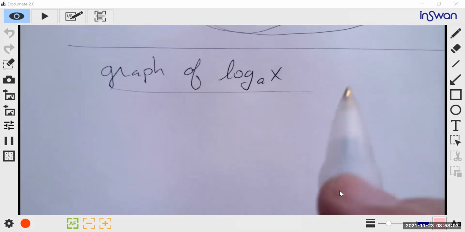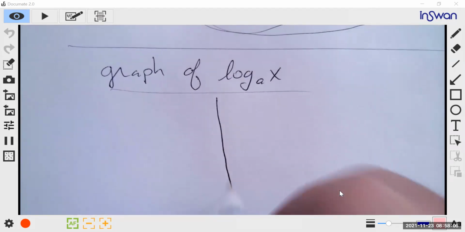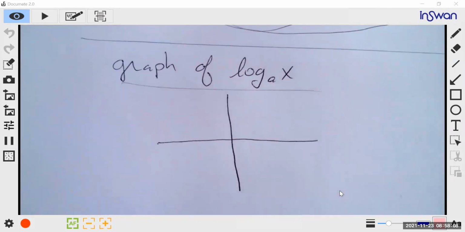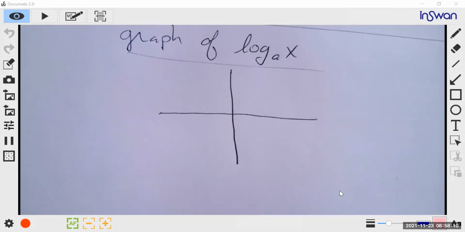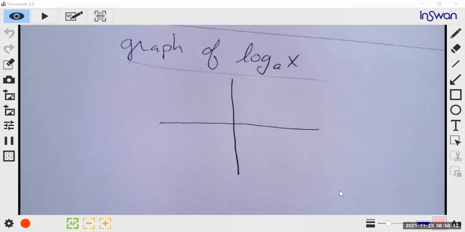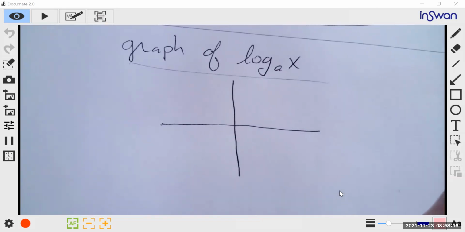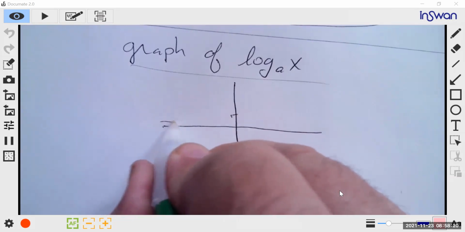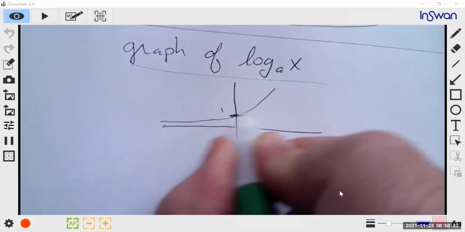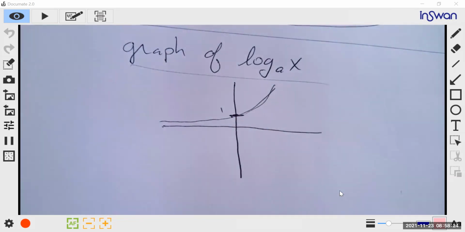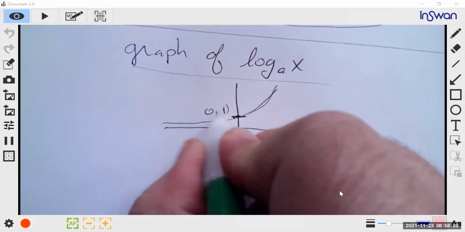The graph of the log. Remember, the log is the inverse of the exponential function. The exponential function looks like this. It crosses through 1. It's at 0, 1.